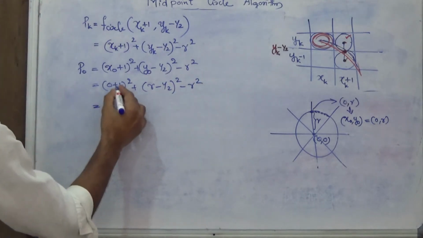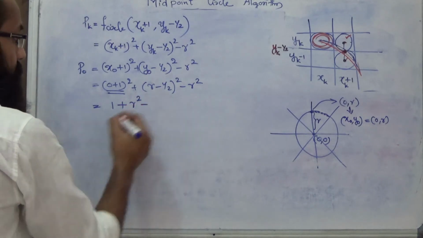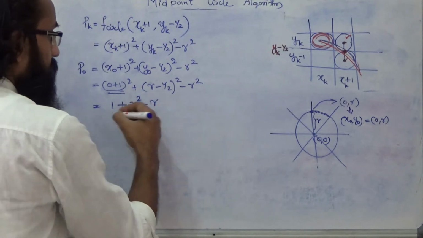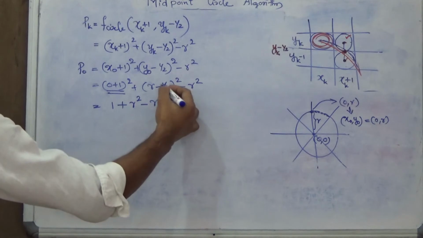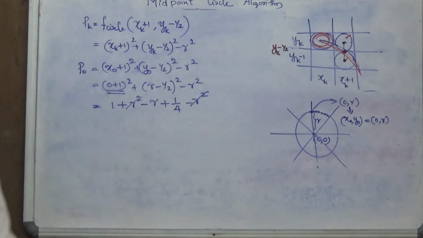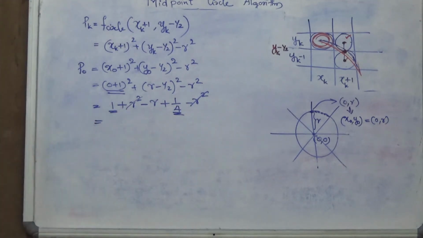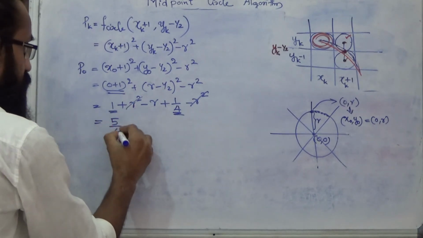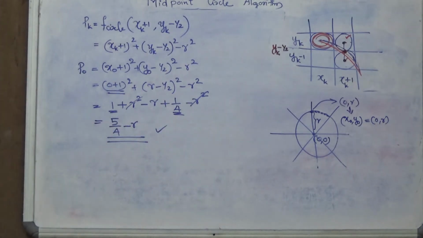So this term becomes 1. 1 plus r square minus 2 into r into half, that is minus r, plus 1 by 4, minus r square. So r square and r square get cancelled. If you add these two terms, it will become 5 by 4 minus r. This will be the starting decision parameter.